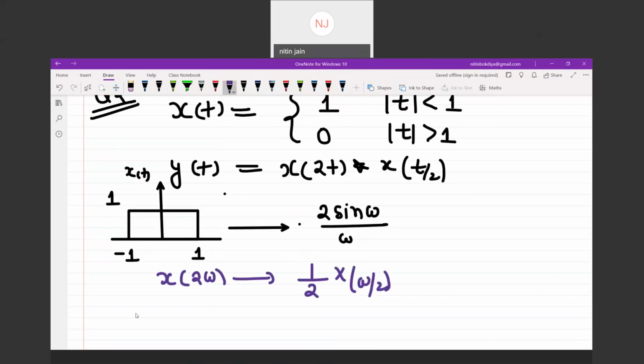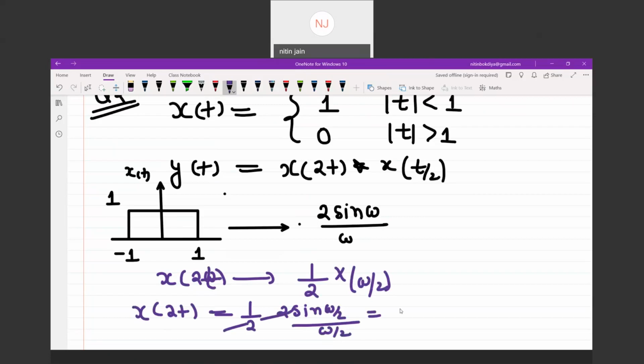So x of 2t is 1 by 2 times 2 sine omega by 2 divided by omega by 2. 2 and 2 cancel.